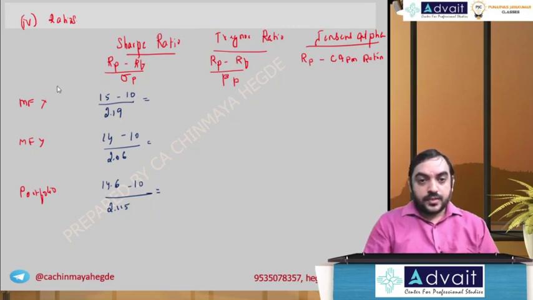15 minus 10 divided by 2.19 is 2.28. 14 minus 10 by 2.06 is 1.94. 14.6 minus 10 by 2.115 is 2.17.